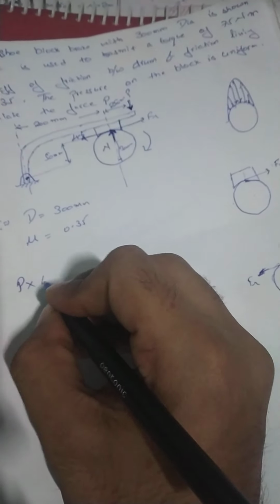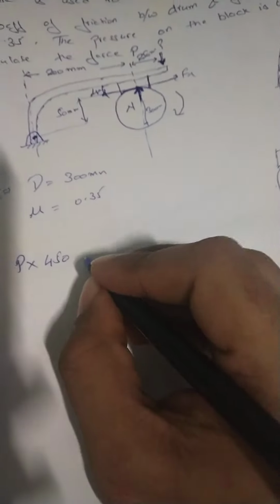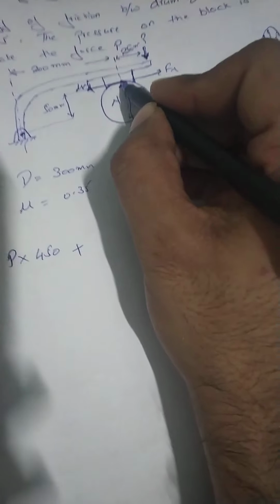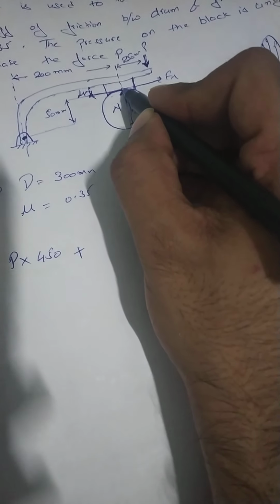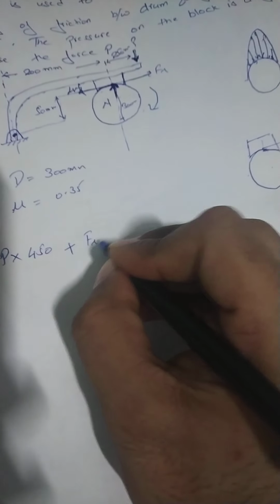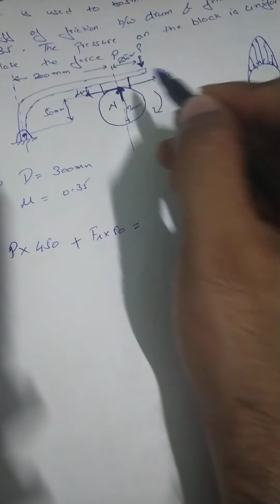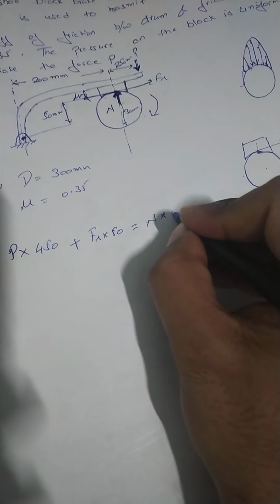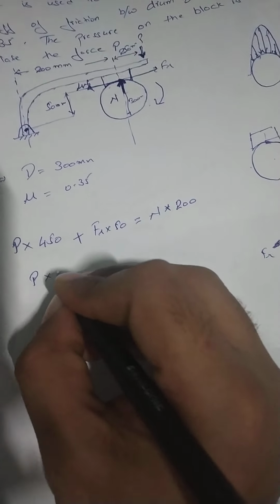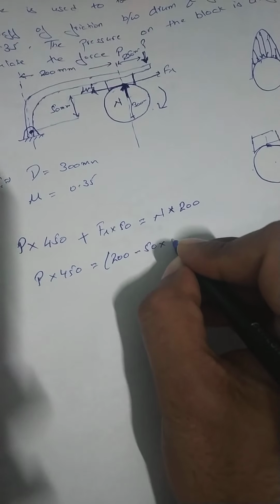So P into 450, because the distance is 250 plus 200, plus the resistance force into the perpendicular distance from the point of contact to the pivot point, that is 50 mm. Fr into 50 is equal to N into 200.